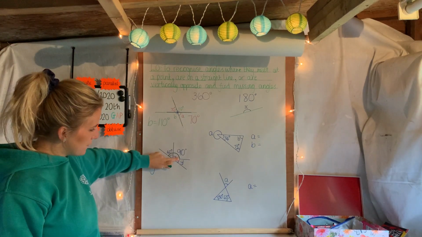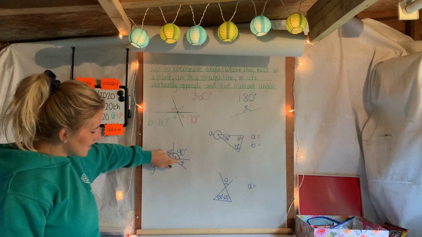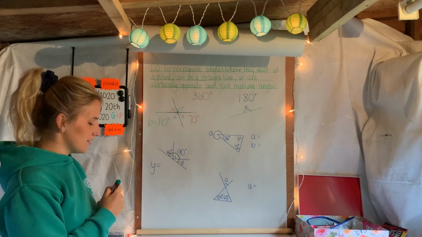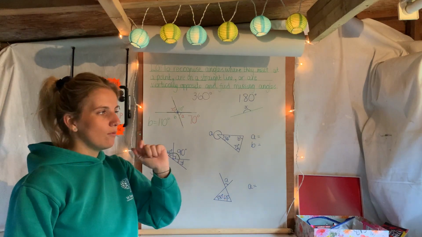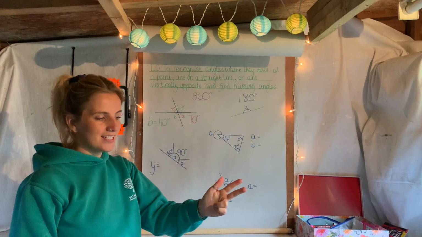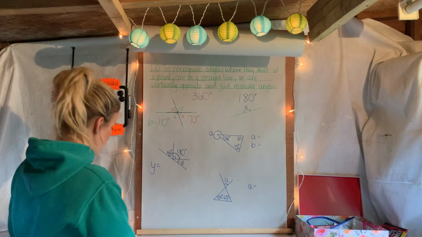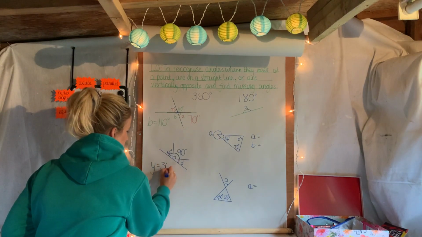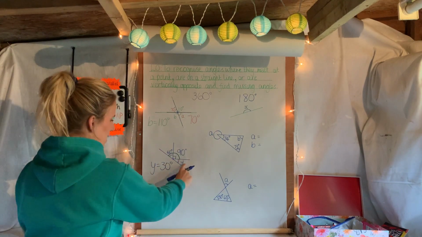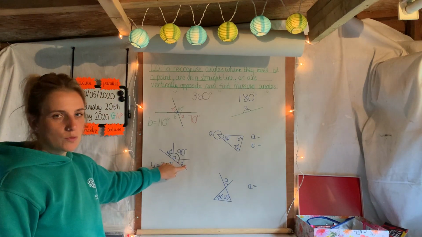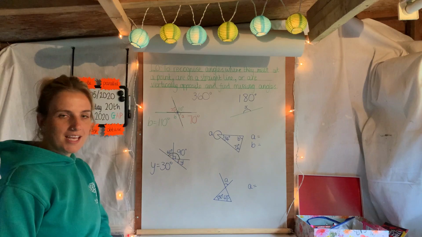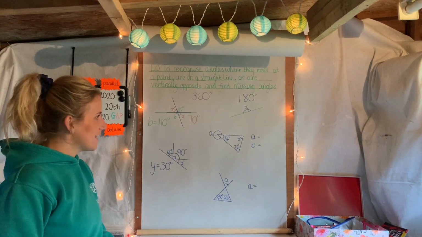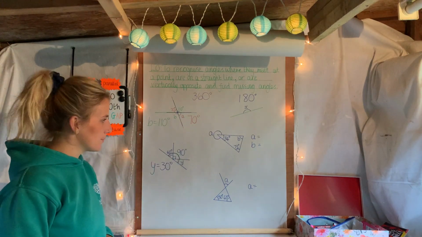From 150, how many do I need to add to get to 180? Let's count up in our tens. 150, 160, 170, 180. So it's 3 tens, which is 30 degrees. So if that's 30, you can then check that it equals 180. 30, 120, 180. It does. So that's why you need to know this fact.